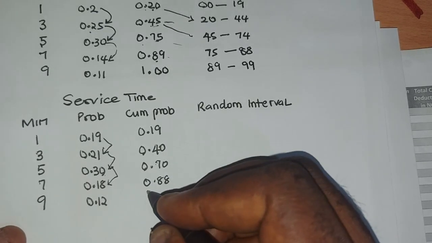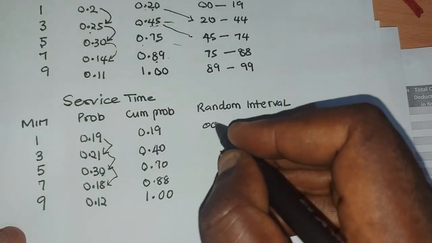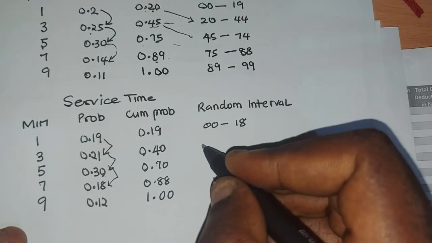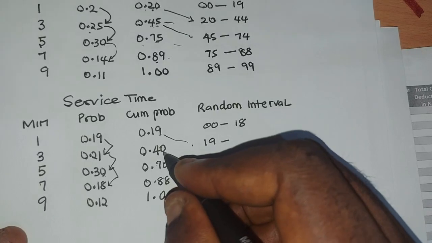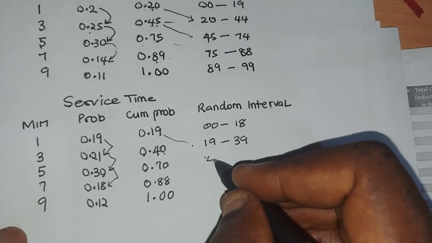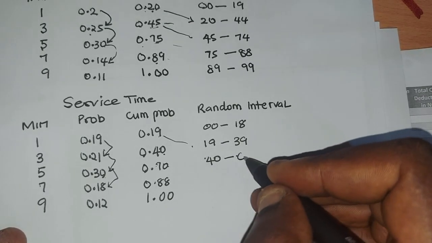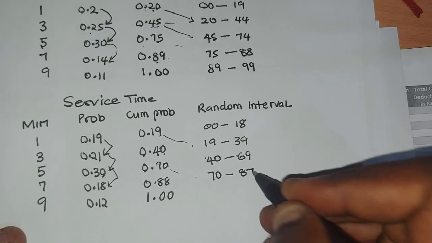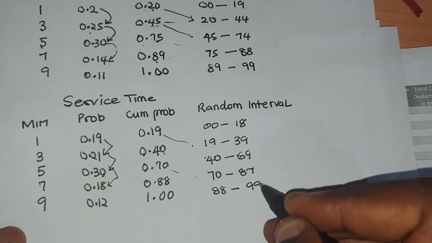And lastly, if you add, you have 1.00. Then you form your random interval. The number before 19 is 1 to 18. You bring down your 19. What do you have? Before 40, that is 39. Bring down the 40. Before 70 is 69. Bring down your 70 to 87. Then 88, of course, to 99.